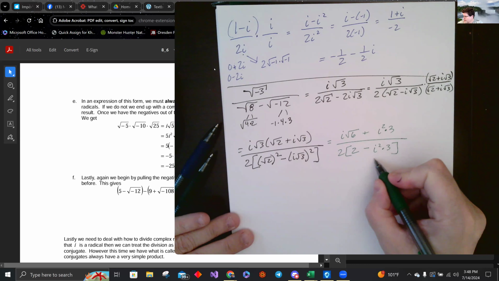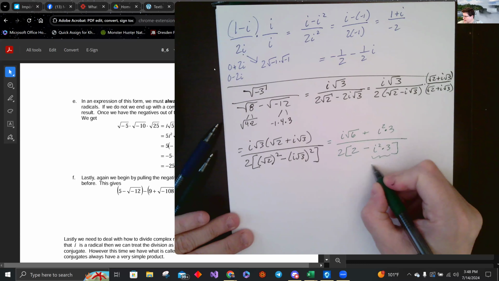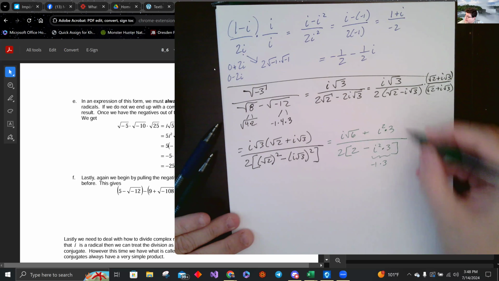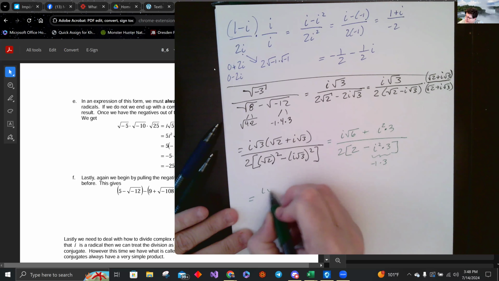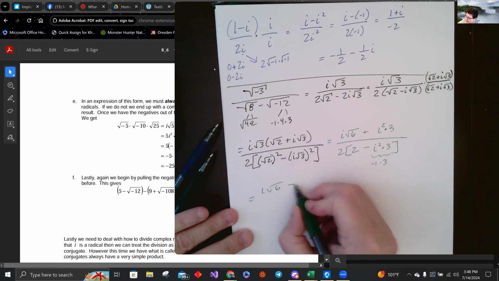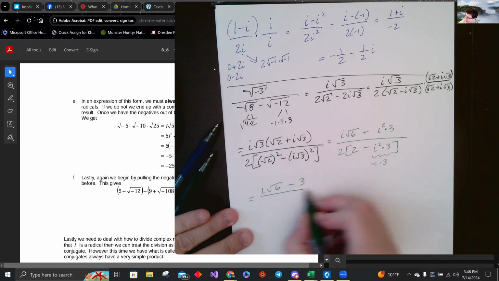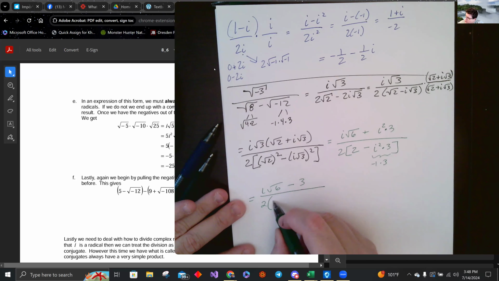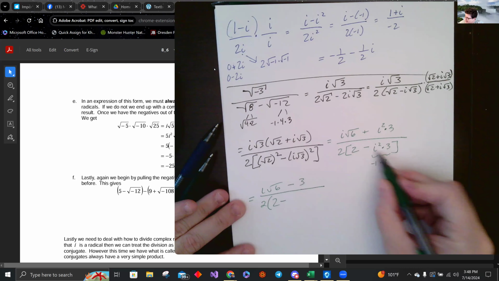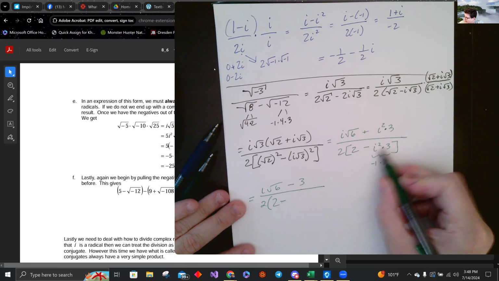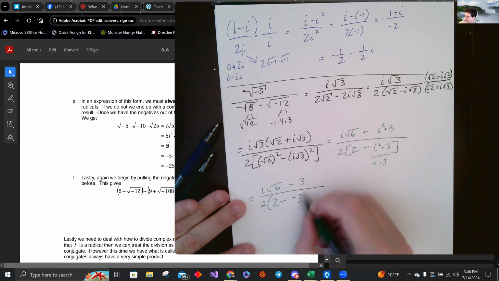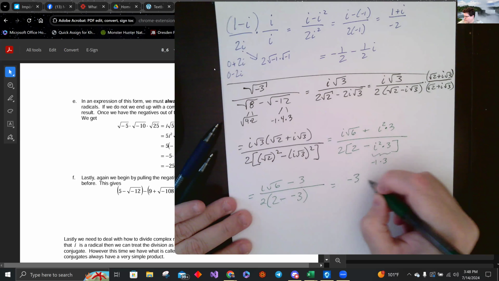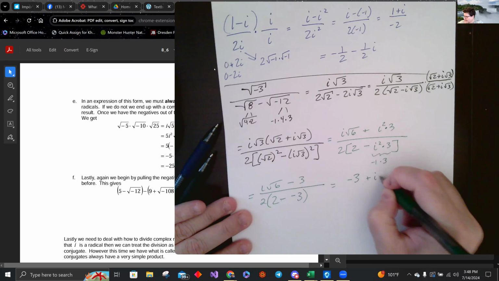This is -1 times 3, or -3. So I have i root 6 minus 3 on top. On bottom, I have 2 times 2 minus, and then i squared, this is minus 3, so minus negative 3.